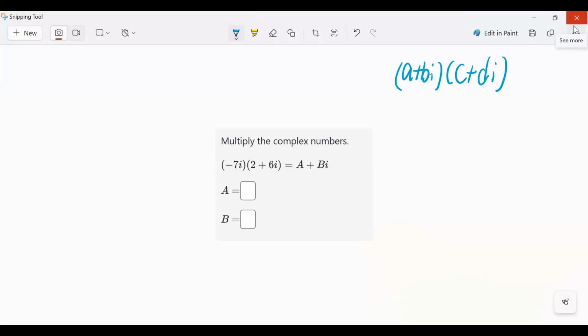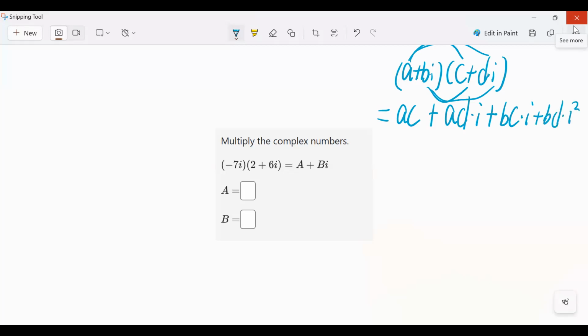A times c gives us ac plus a times di gets adi, and then bi times c is plus bc times i, and then bi times di, that's bd times i squared. Now we know i squared is -1, so it will become ac. Middle two are like terms, and then bd times -1 is minus bd.